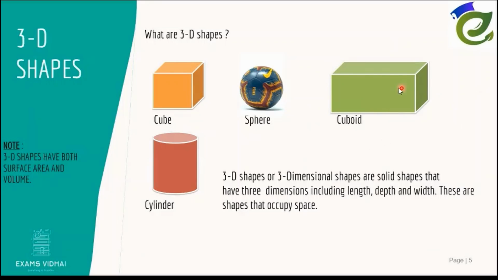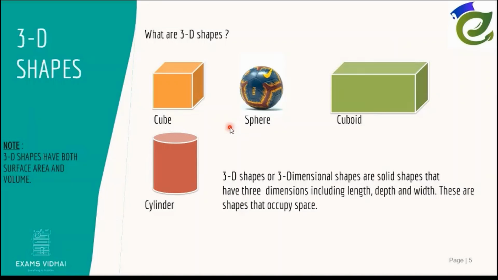So we see in this cuboid, they have length, breadth, and height. Whereas this sphere has volume and it is occupying some space. Over here, we see a cube has three different sides in three different directions. Whereas for a cylinder, we see this is the height and a circle having a radius.